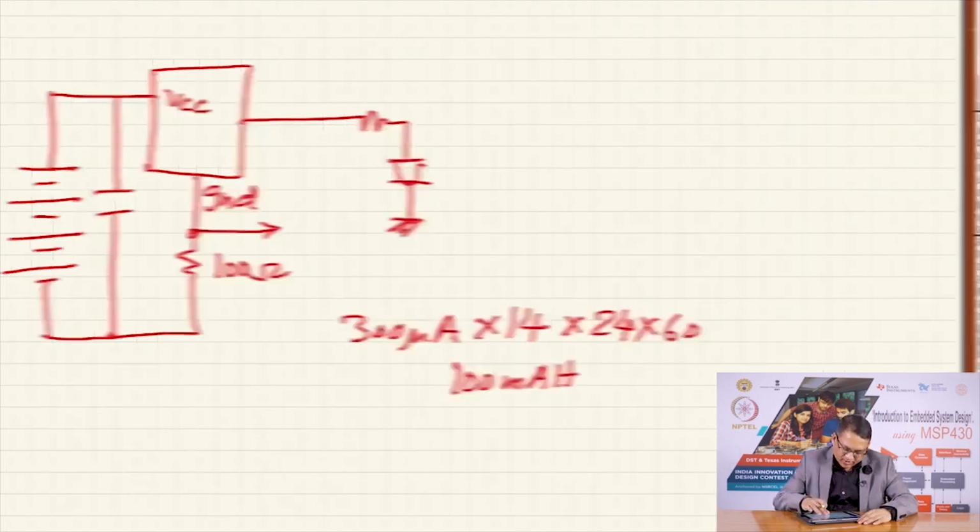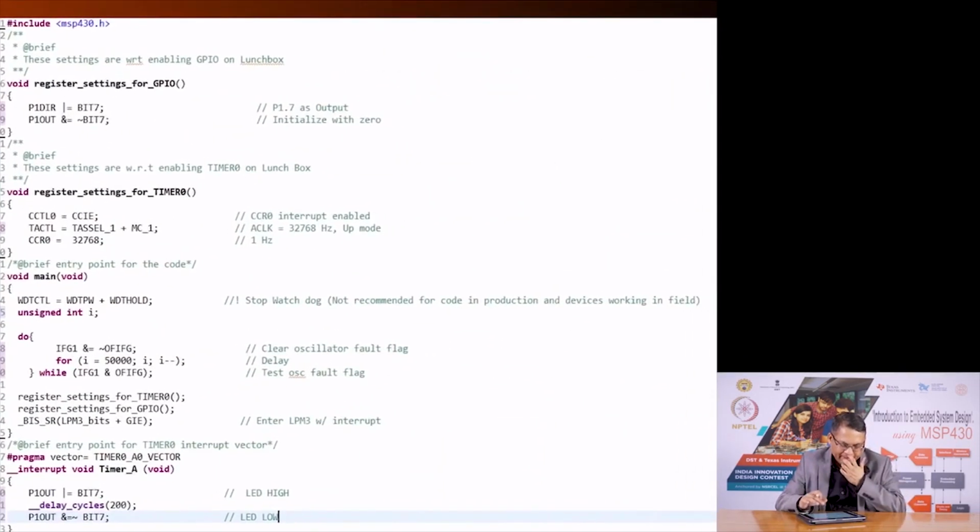This is the code. You can compile and download this code. Here is the main program. The watchdog timer has been turned off. The code was using the crystal oscillator, and so it has to be ensured that the oscillator is working. So, the oscillator bit was monitored.